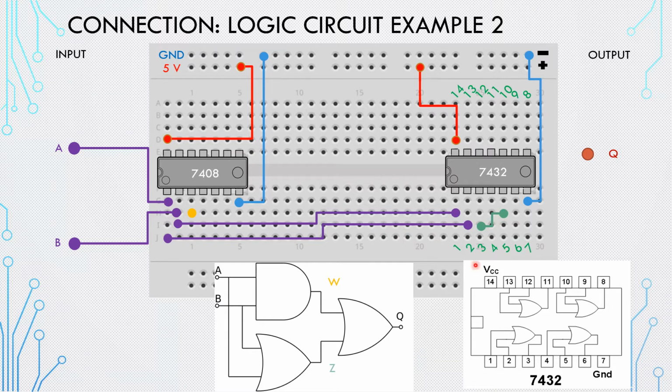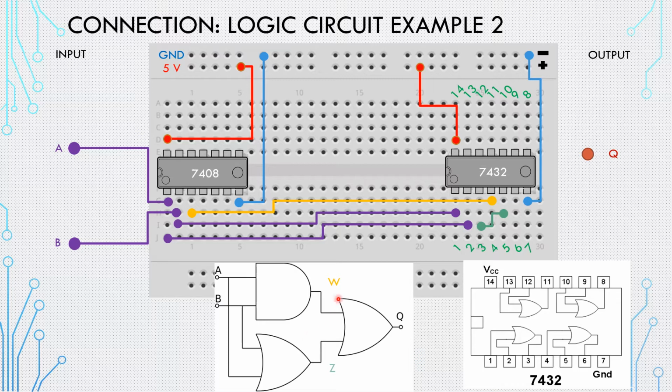So whatever comes from OR, it goes as the input for the second OR at 5. Since you choose 5, you need to connect the first input W in 4. So 4 for W and 5 for the Z, the output from the first gate.